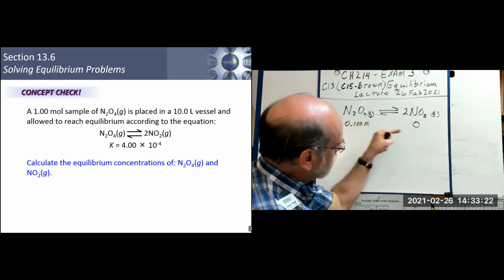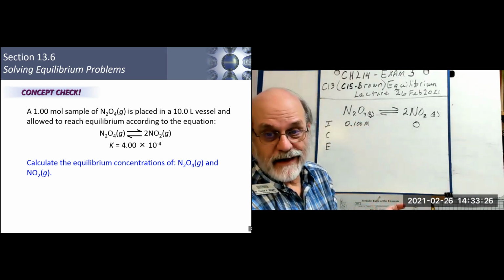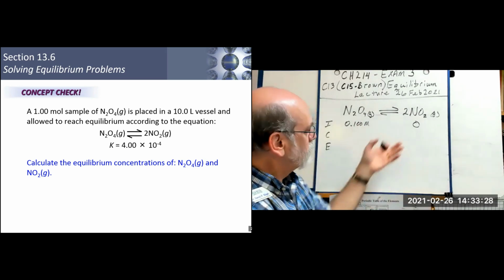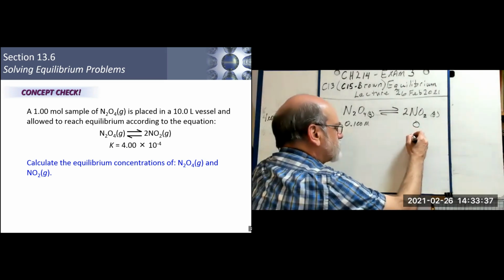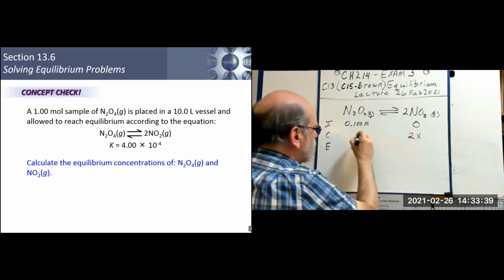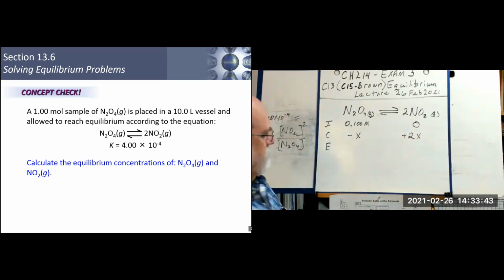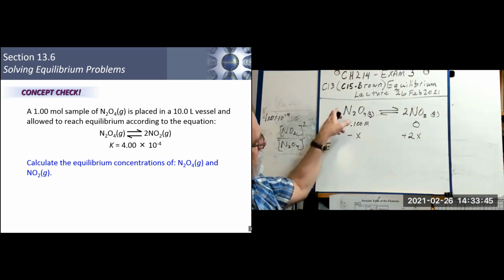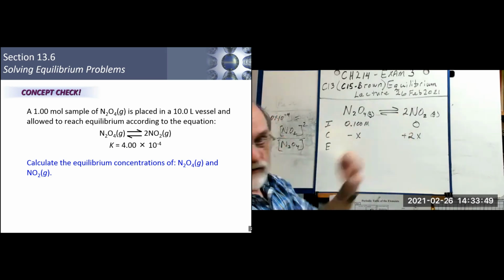Okay, now we know that's going to happen. We know we're going to add some over here, so why don't we just make that X? Well, if we make this X, why don't we make this 2X, and make this X. Because if this disappears at 1 mole, then this appears at 2 moles, right?